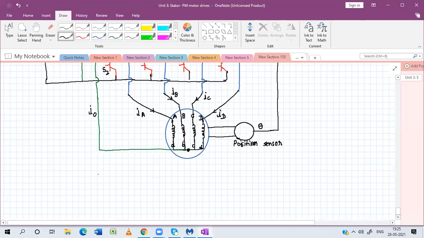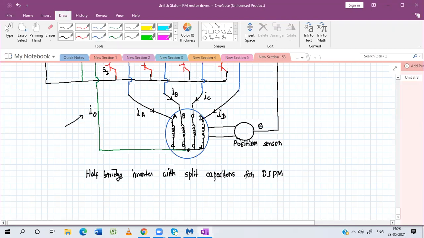Okay. So this topology is called a half bridge inverter with split capacitors for DSPM.